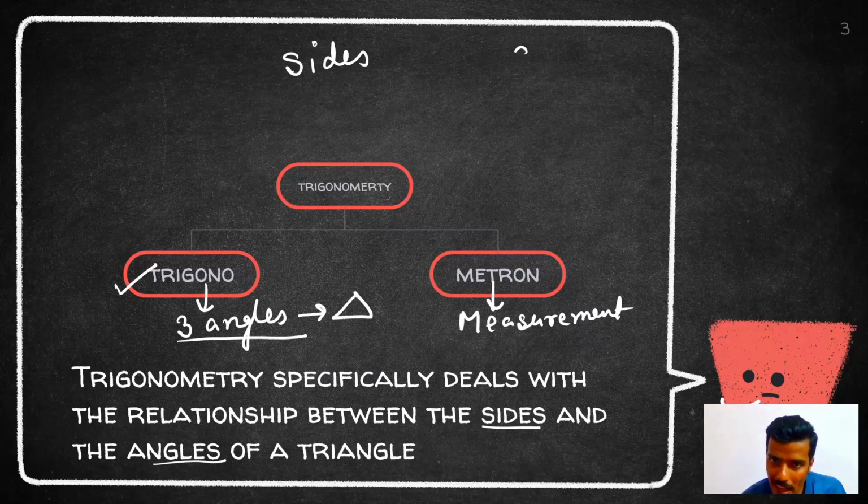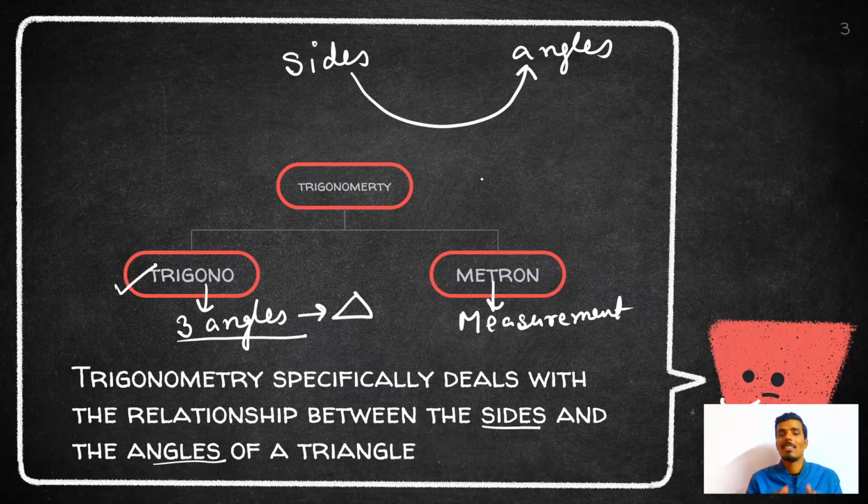Trigonometry basically connects the sides of a triangle with their angles. So we can say trigonometry specifically deals with the relationship between the sides and the angles of a triangle. With the help of trigonometry, we can relate the sides of a triangle with their respective angles.